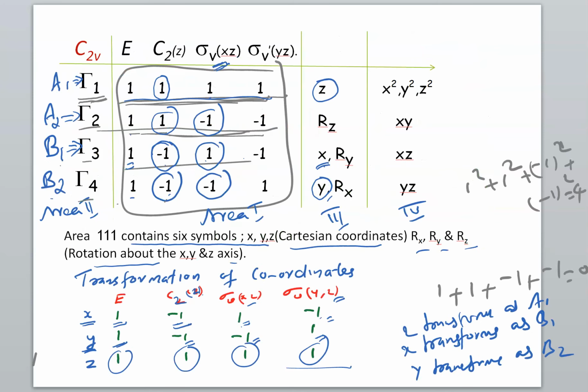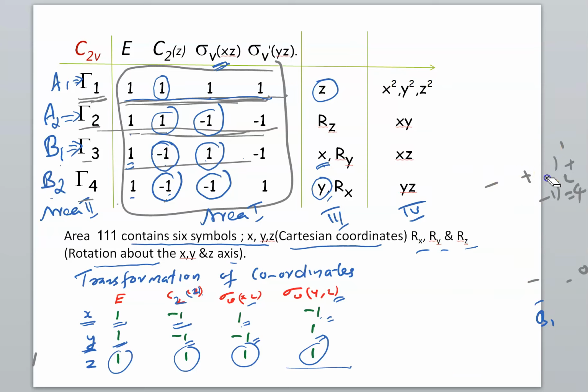There is also another thing, these x, y, z coordinates. Actually, these x, y, z are vectors.